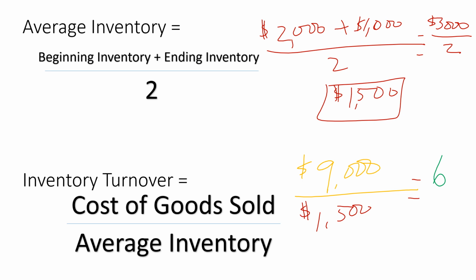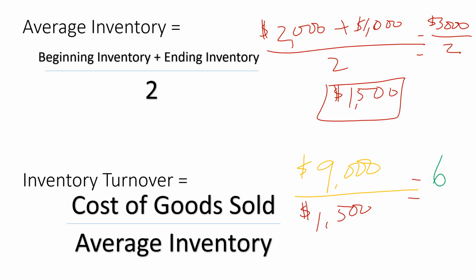And again, as we talked about in class, that number can be good, that number can be bad, depending on the situation. If you have limited storage space, you're going to turn your inventory over a lot more. If you use a lot of already prepared products or things that have longer shelf lives, like canned goods or frozen products, your inventory turnover might be a little bit lower.